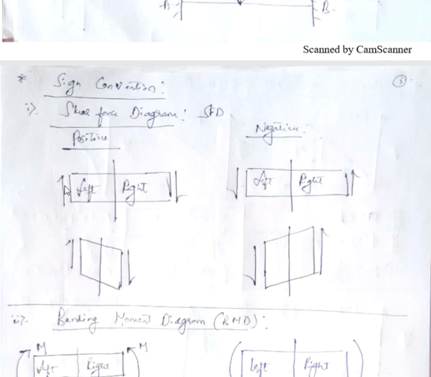If I am coming from left side, if the force is in upward direction, then take it as positive, because I can come from right side or I can come from left side. From right side if downward is a force, then positive, and if you come from left side, if upward is a force, then it is positive.